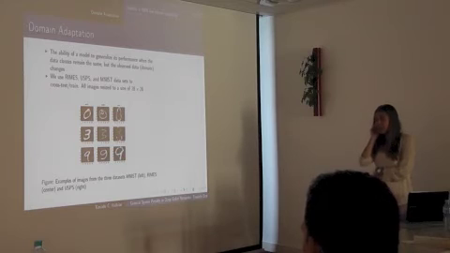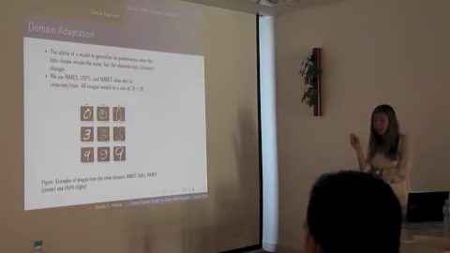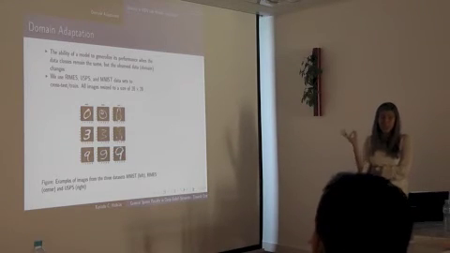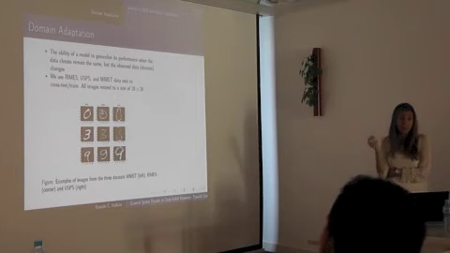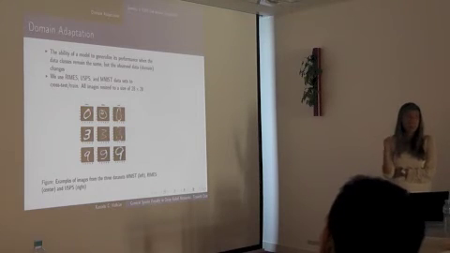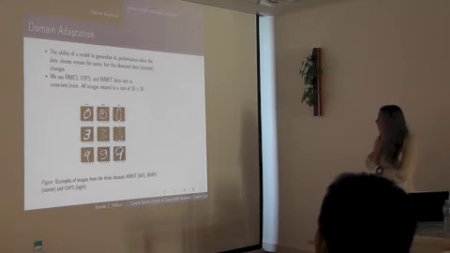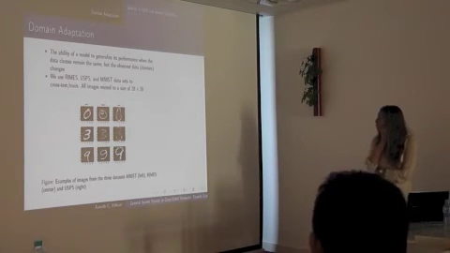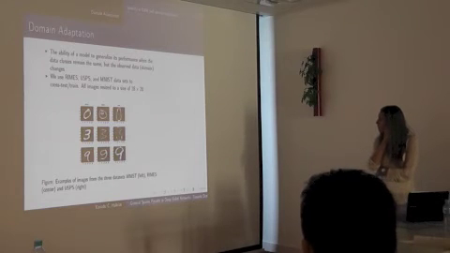All images were resized because the RHYMES and USPS data sets have different sizes, and the RHYMES data set, for example, has non-uniform sizes, so each image is a different size. So they were all resized to meet the NIST data set size.